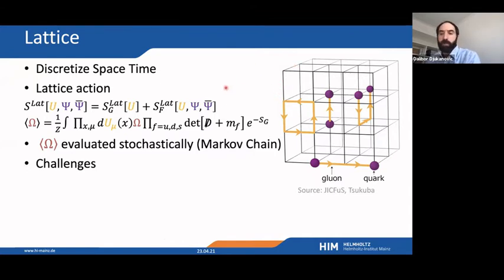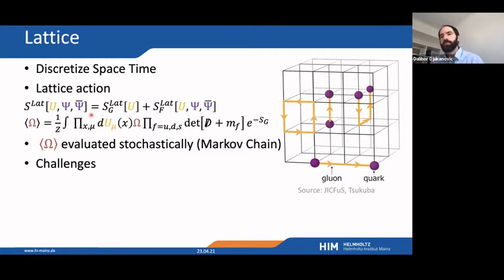And then what we do in lattice field theory is that we calculate all of our observables stochastically using this path integral approach. And the stochastic estimation really means that everything that we calculate on the lattice has a statistical error. So we really have to calculate this path integral over a representative ensemble of gauge configurations.